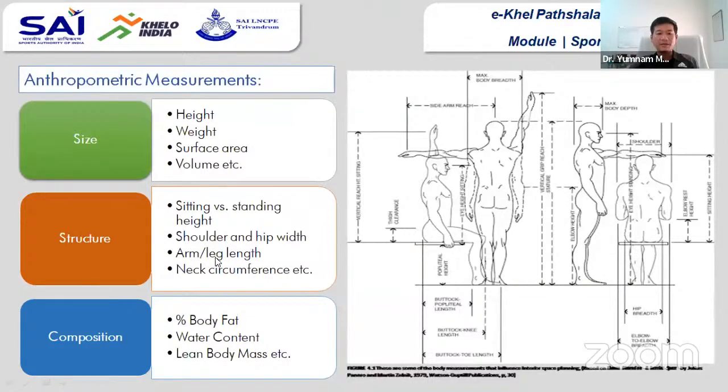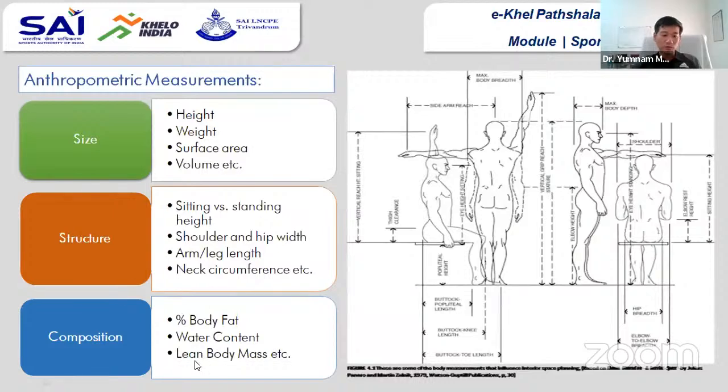Arm and leg length, the ratio and proportion of arm and leg length, neck circumference, and other circumferences, you can measure. Composition: percentage of body fat can be measured, and water content, how much water is required gender-wise, for male how much percentage, for female how much water content should be there, and for an athlete how to maintain that water level.